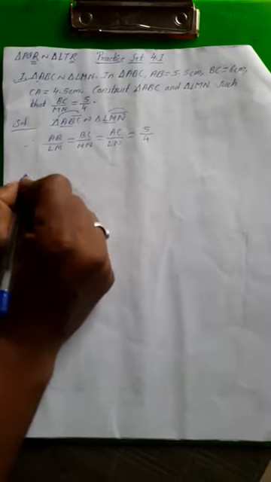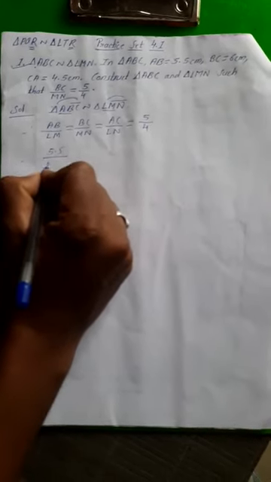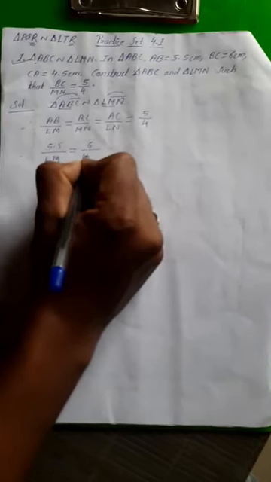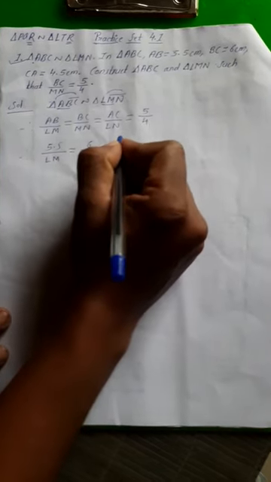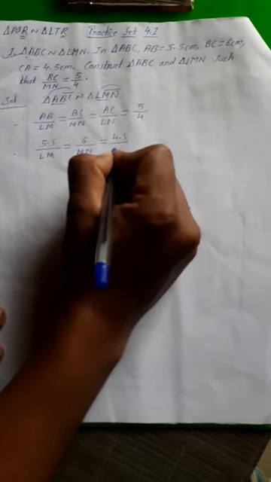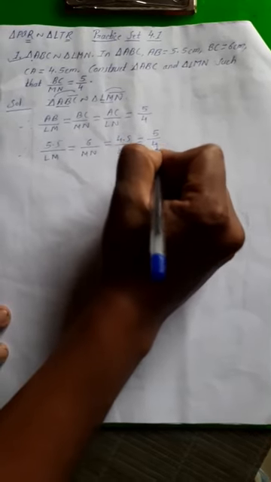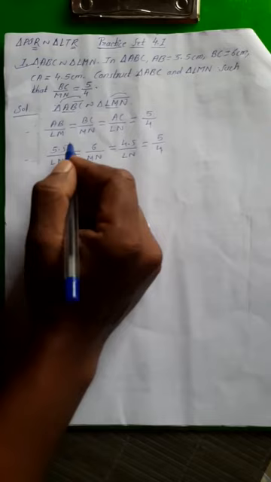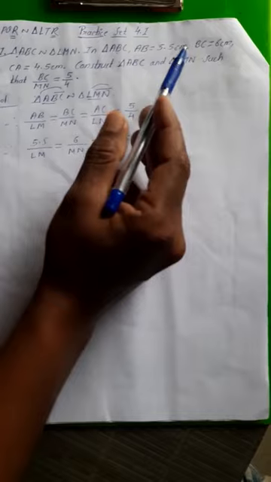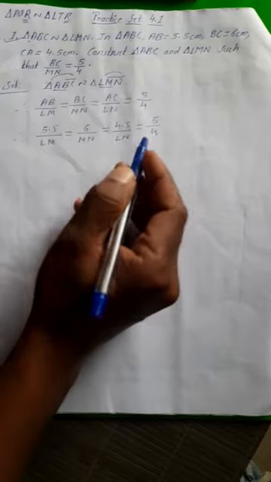So AB is 5.5 centimeter upon LM, BC is 6 upon MN, and AC, that is CA, is 4.5 centimeter upon LN, is equal to 5 upon 4. Now as we know the sides of triangle ABC, from these we will find the sides of triangle LMN. How? That also we will see.